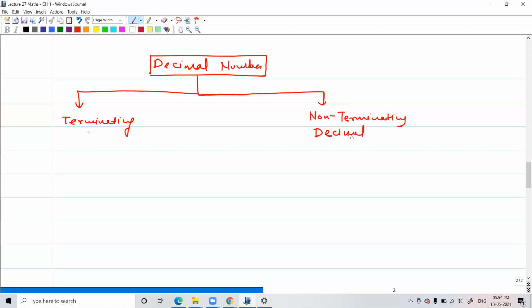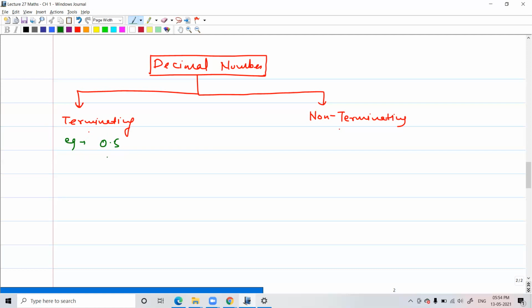So we're just writing terminating and non-terminating. Give me an example of a terminating decimal number. 0.5. Yes, 0.5. It terminates after how many places of decimal? 1. Yes, it terminates after one place of the decimal. That's all, one place, 5.